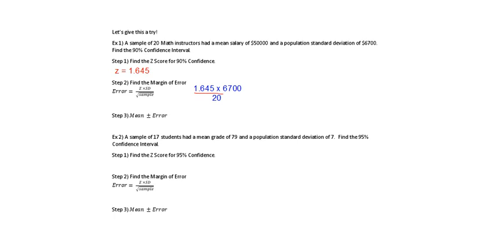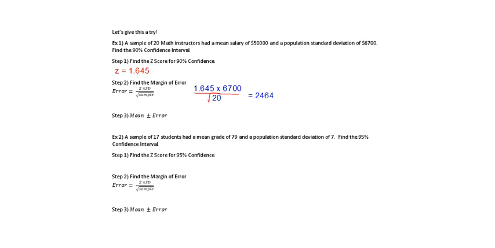Let me fill in the fraction line and the square root, something like that. And if we put that in the calculator, our error is going to equal 2,464. Okay, very good. Now the last step is to do mean minus and mean plus. That way we'll get our two answers.